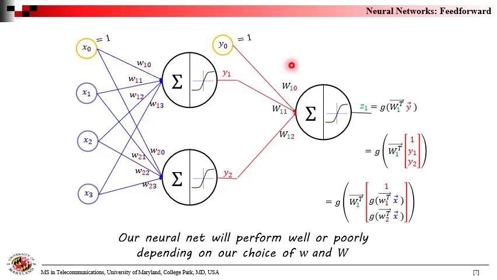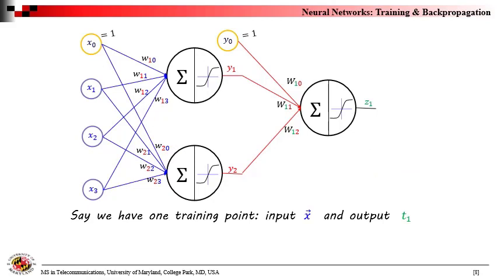So the purpose of training is to figure out, with the data that we're given, what are the best choices for these weights that are applied to the edges. Let's say that we have one training point. I know you're going to think that seems like a very bad idea, but you'll see later that with all the sub-indexes that we have to keep track of, having just one training point will help us to understand what's going on.